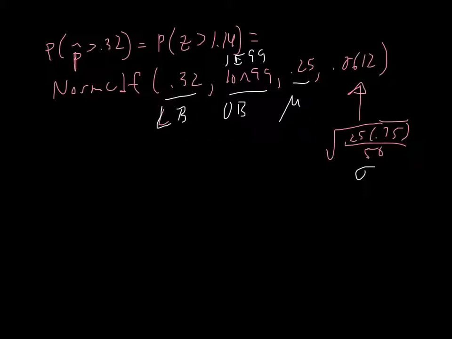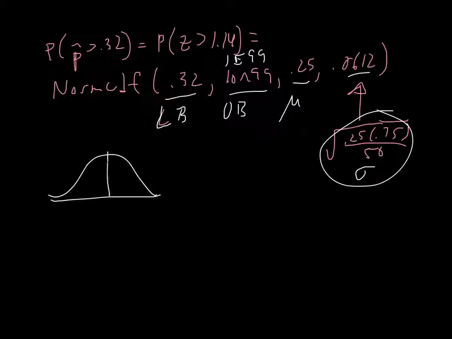A mu of 25%, and this calculation comes out to be approximately 0.0612. So again, the area over here that's greater than 0.32 is called our p-value, and that p-value is equivalent to 0.13, or 13%. Now, with an alpha value, I would say of 0.01, right?